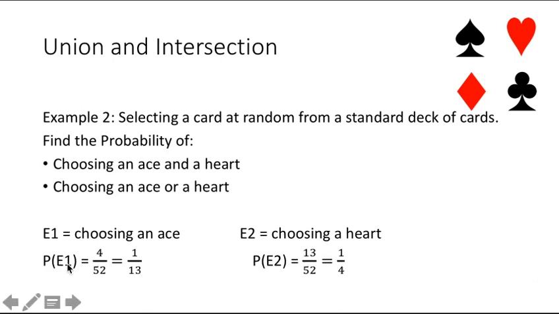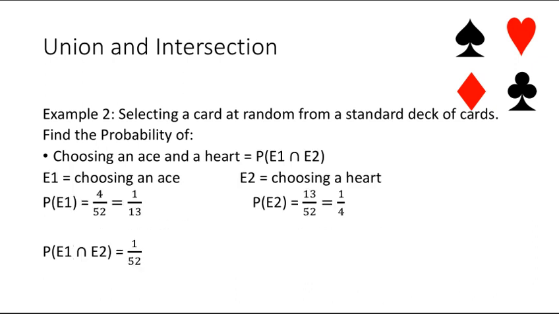The probability of E1 choosing an ace is 4 out of 52. There are 4 aces in a 52 card deck. So that probability is 1 in 13. And the probability of event 2 choosing a heart is 13 out of 52 because there are 13 hearts in a deck of 52 cards, or that probability is 1 in 4.